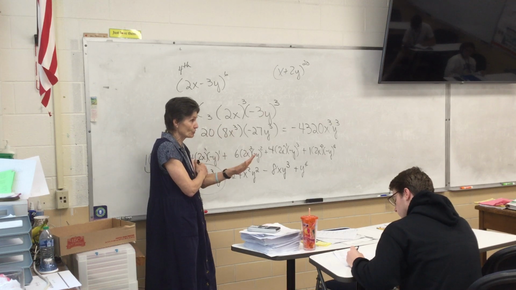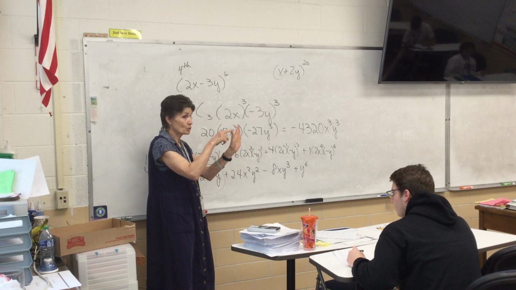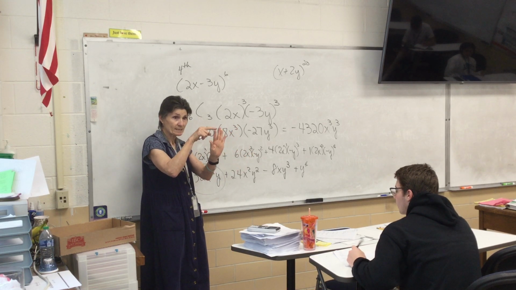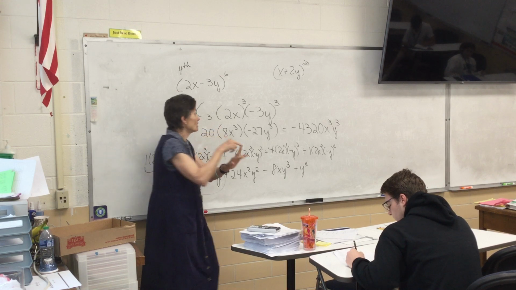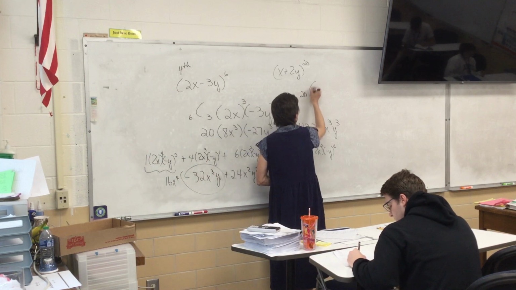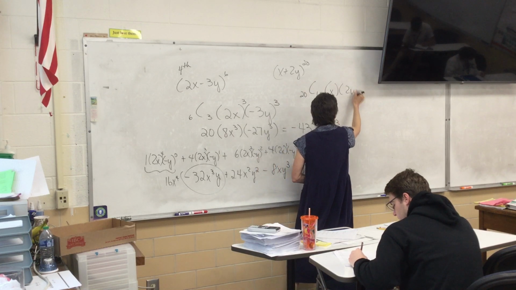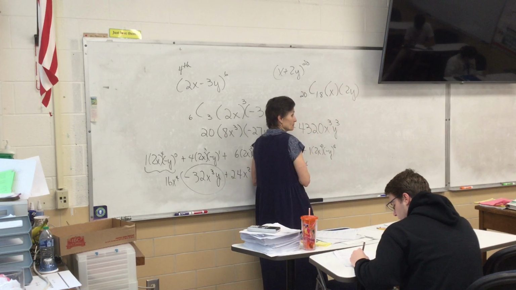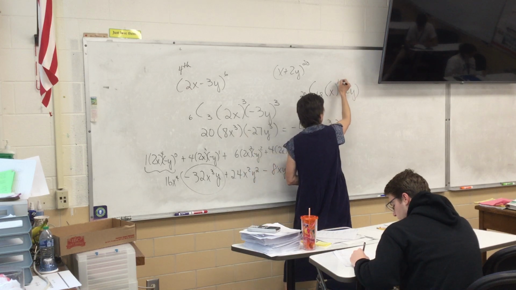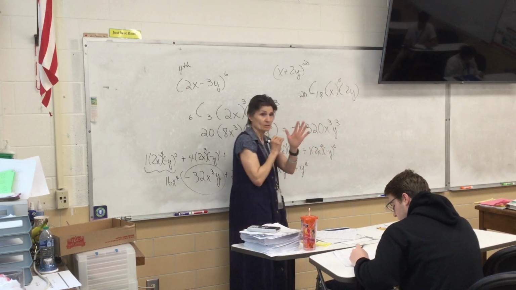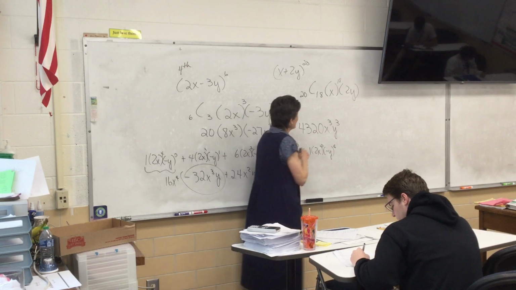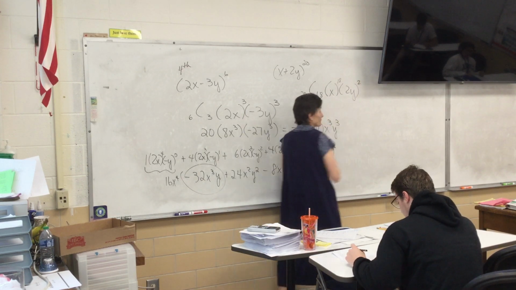I need the third term. So 20C20, 20C19, 18. So 20C18, and then an x and a 2y. And would the power on the x also be 18? 20, 19, 18. And then that makes this one a 2.